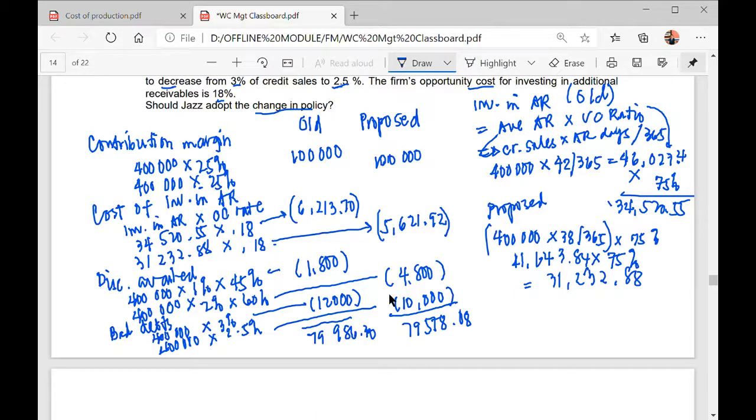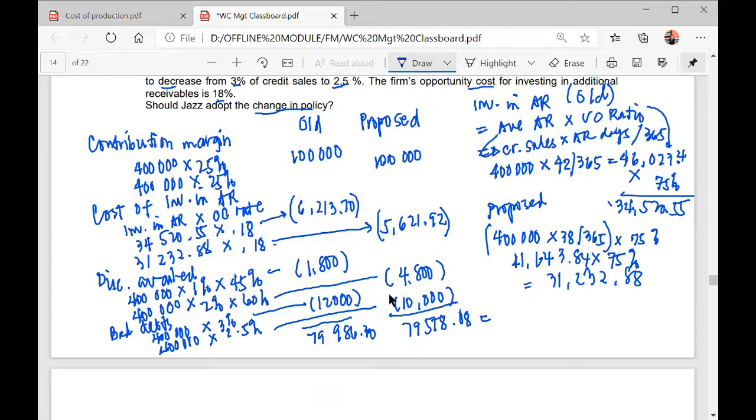Nganong dili man siya maayo, kay ni gamay ang income. Sakto ba siya pag deduct nako? Okay, so ni gamay ang income from 79,986.30 nahimong 79,578.08.